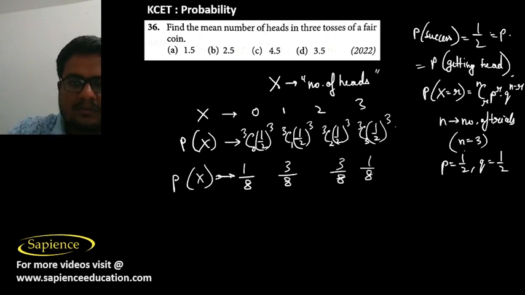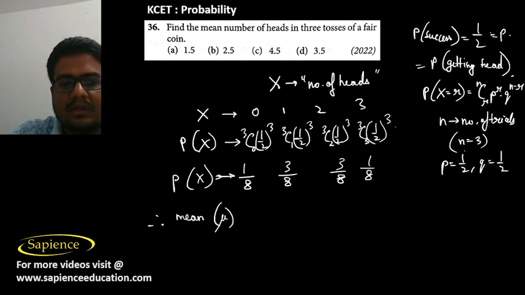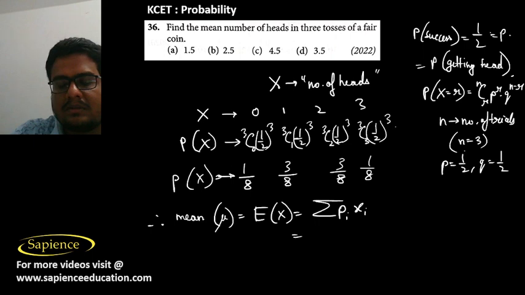Therefore, the mean number of heads, or we can call it the expectation value of x, is equal to summation pi xi. These are the xi values and these are the pi values.